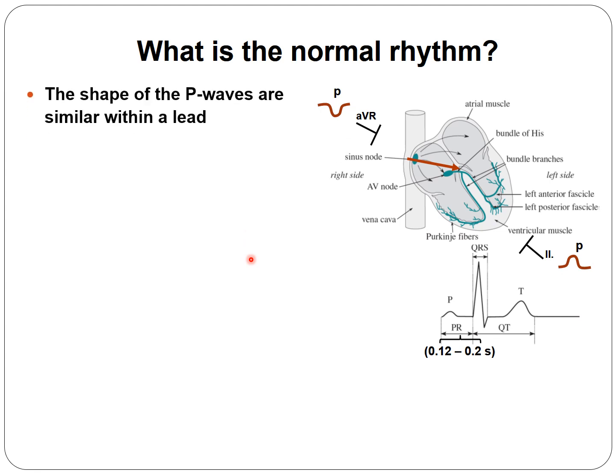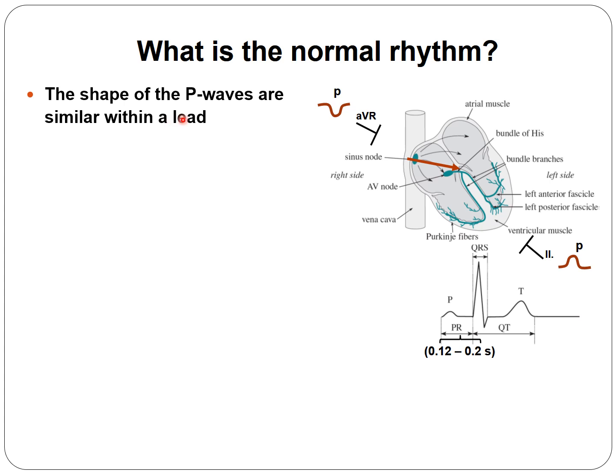How do we know that the P is originated from the sinus? Because the sinus node is located on the right side in the atrium and the depolarization is spread toward the left side. This is why we have the depolarization wave of the atrium pointing from right to left. This is why in lead number 2 we have a positive P wave, and in AVR we have a negative P wave.